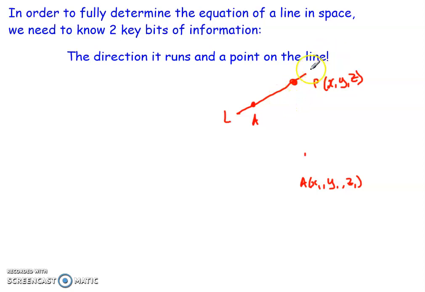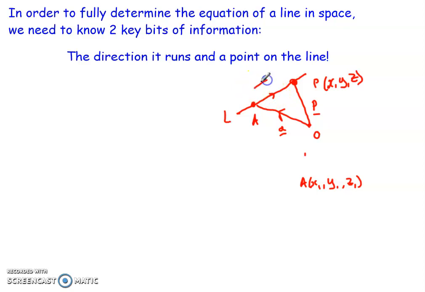So as well as having this, what I'm going to do is take an O here and let that define the position vectors A and P within my system. Now, because this is a line, A to P has some sort of direction.